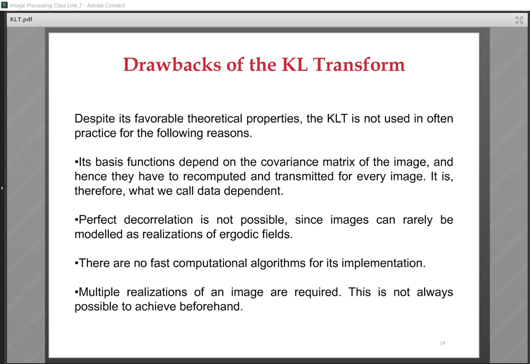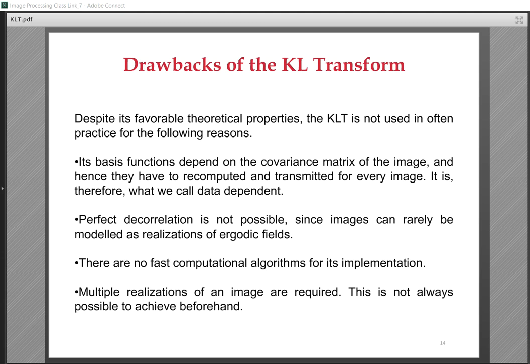FWT means fast Walsh transform. These work when our samples number a power of 2, 2 to the power n. But in KLT we don't have a fast algorithm.